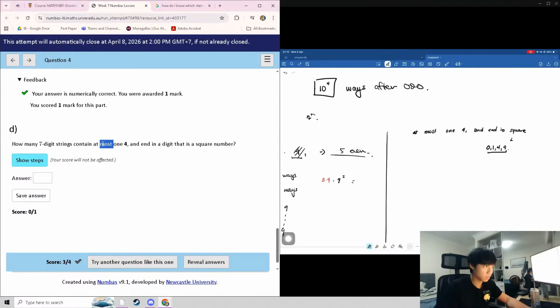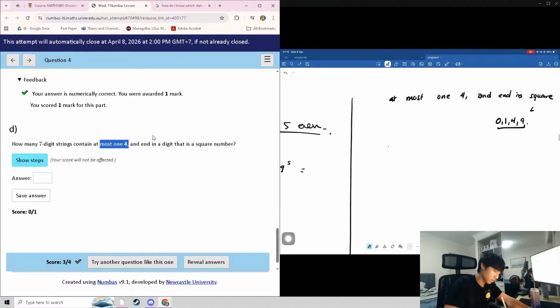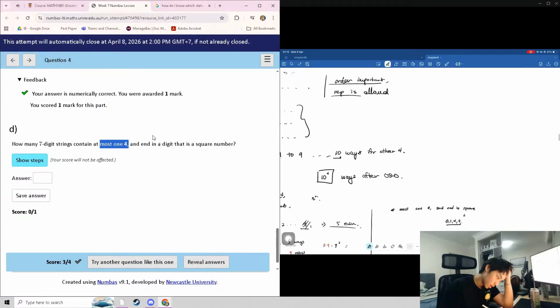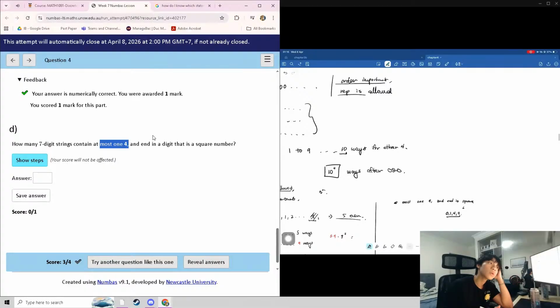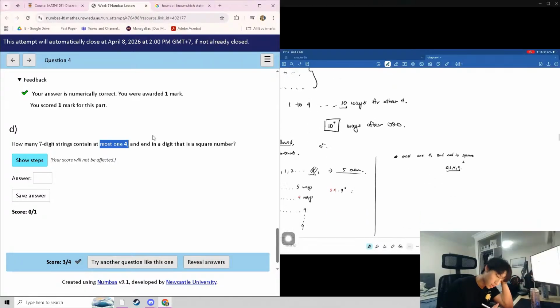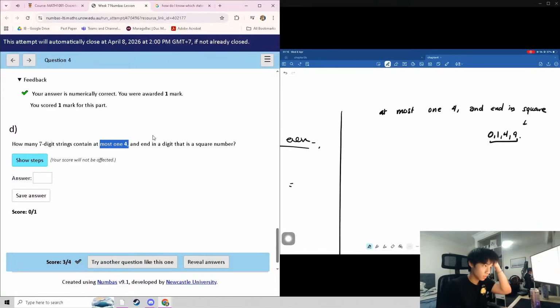But now I have to, for a first digit, order matters, and repetition is allowed with the caveat of, okay, if it's 4, it has to be one of these. And then there's a chance where if this is 4 in here, then it's fine as well.